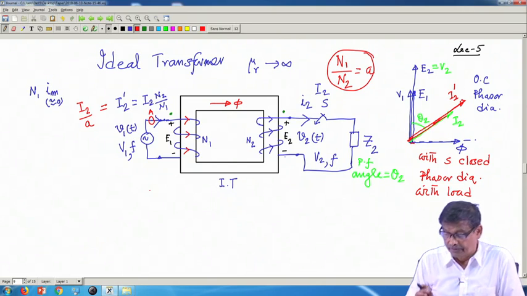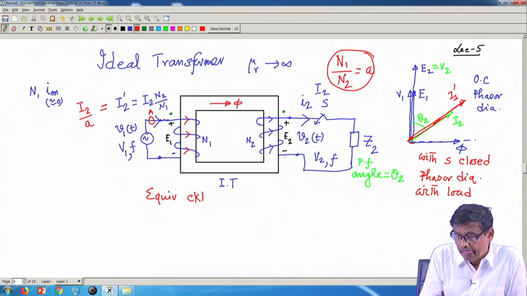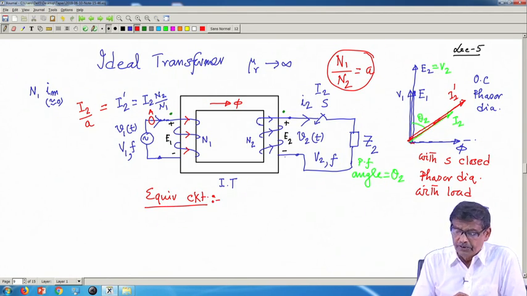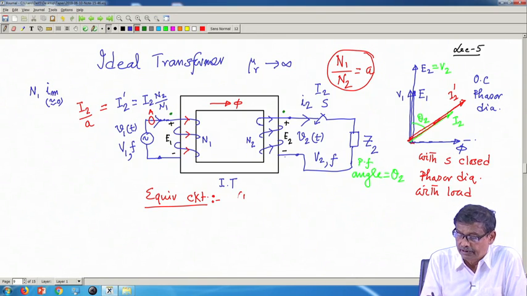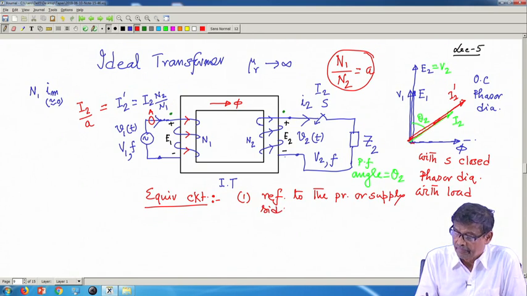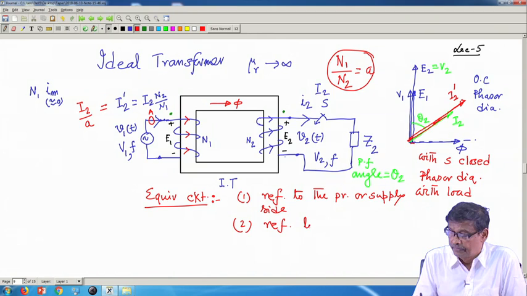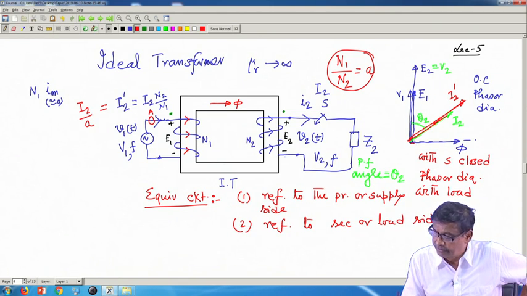Equivalent circuit we generally say with respect to, or referred to, the primary side, that is the primary or supply side, and secondly the equivalent circuit referred to the secondary side, the secondary or load side. I will tell you what all this means.